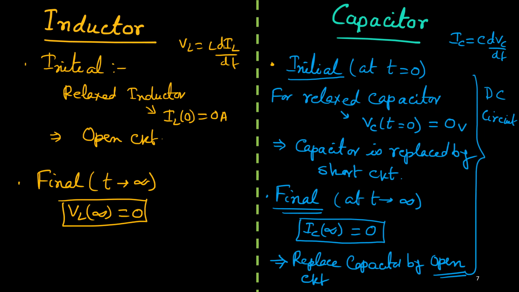VL 0 means the voltage across the inductor is 0, which implies a short circuit. So you should replace the inductor by a short circuit if you want to analyze the RL circuit at steady state. That is called steady state.